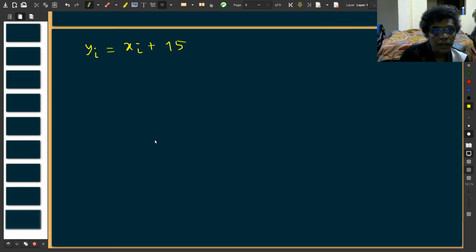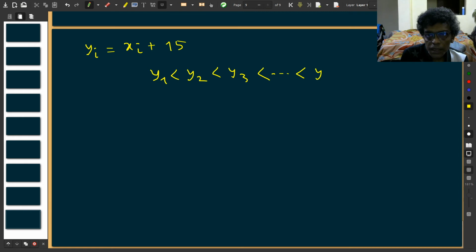Okay. Now, I define the quantities yi equal to xi plus 15, just by adding 15 to each xi. Then I get again a strictly increasing series, y1 less than y2 less than y3 and so on, up to y28, and this is greater than or equal to 16.